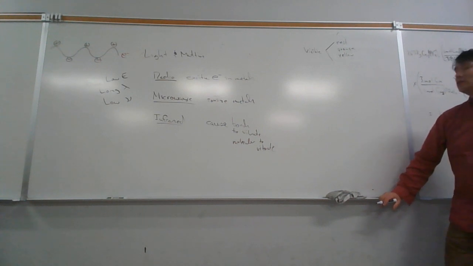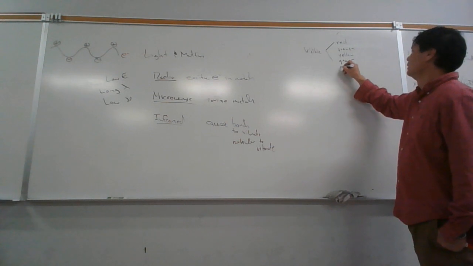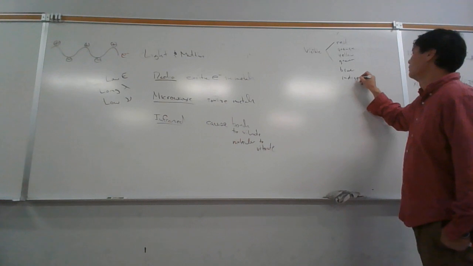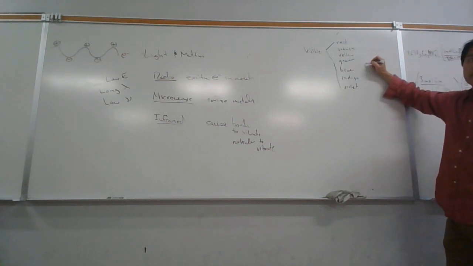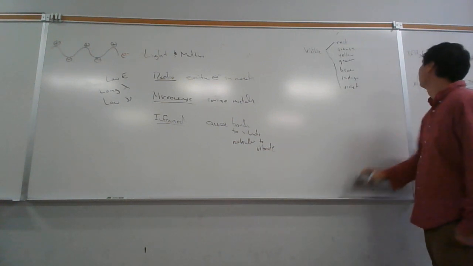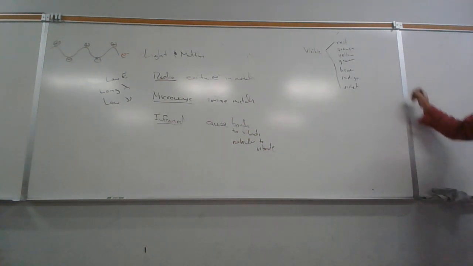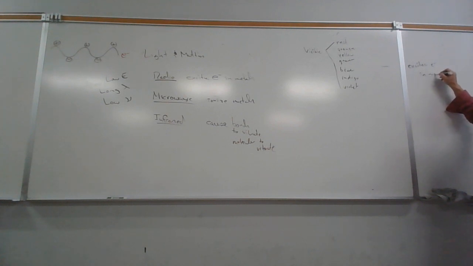Roy G. Biv: green, blue, indigo, and then violet. This is what excites electrons in matter, and this is what causes the colors to occur.